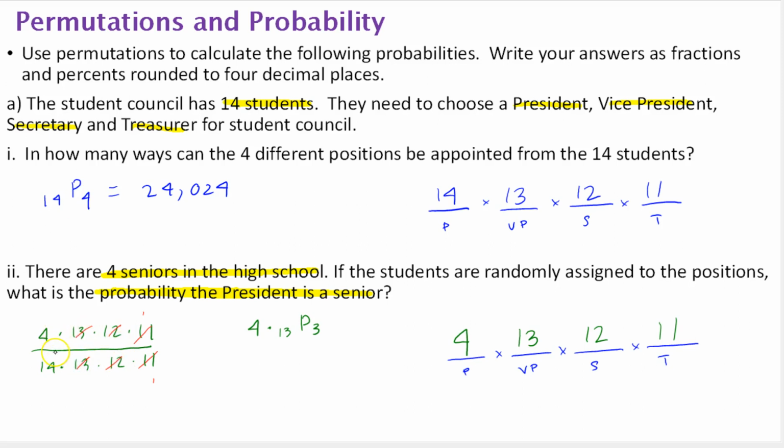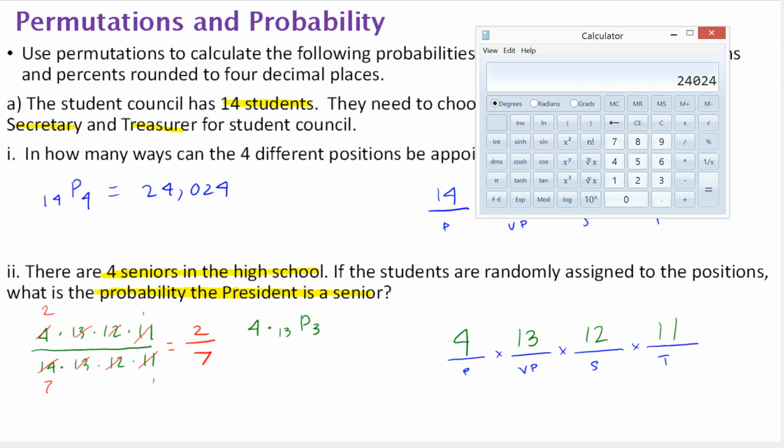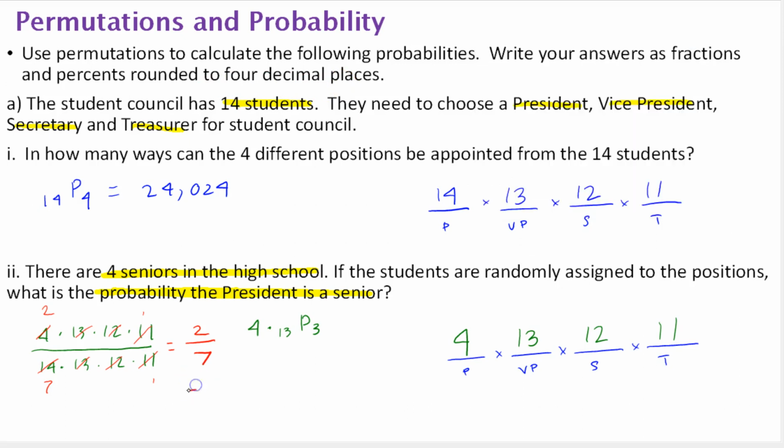We're left with 4 over 14. They actually have a common factor of 2, so I'm going to write this as 2 over 7. So that's our fraction form. And now let's write that as a percent. So 2 divided by 7 times 100 is 28 point, what did we say, 4 decimals? Let's just do 2, 28.57%.